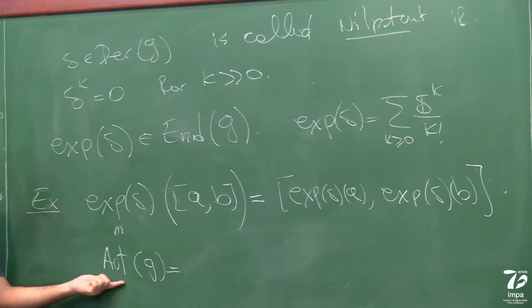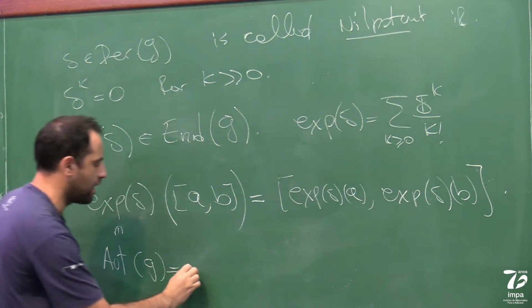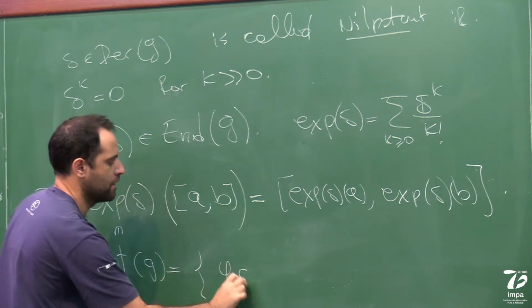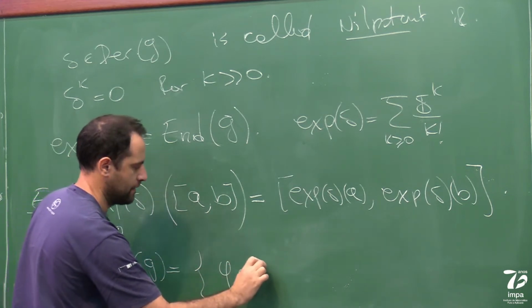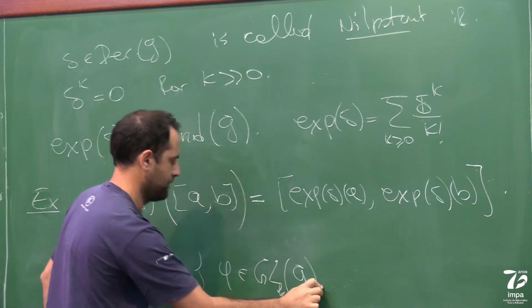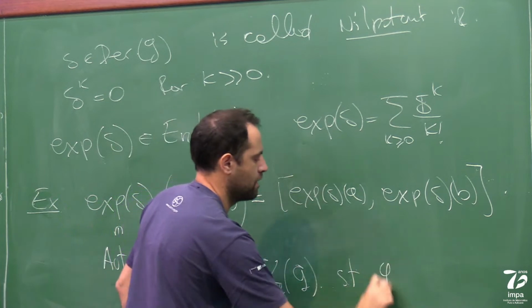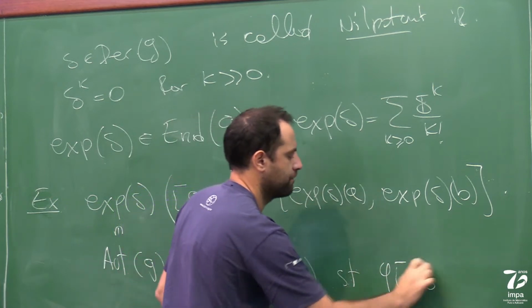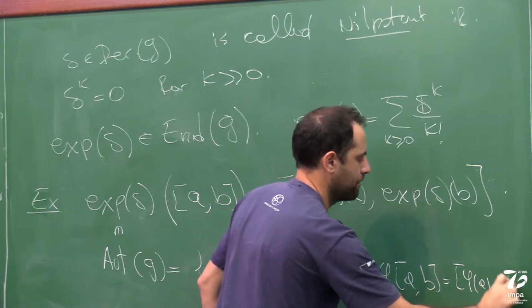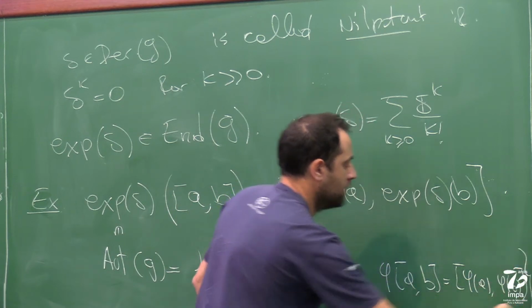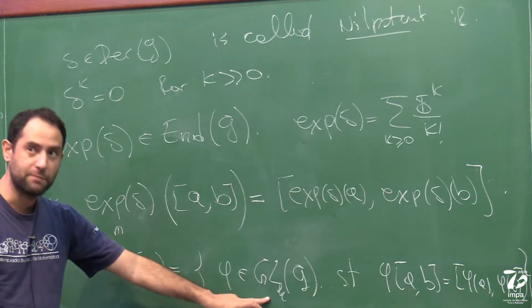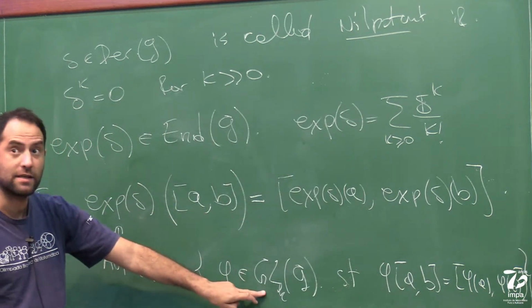And remember what automorphisms of G were. So these are the endomorphisms, these are phi, linear endomorphisms of G, such that phi of the bracket is the bracket of phi of A, phi of B. So this condition is this condition, and the only thing that is missing is to check that this is invertible.